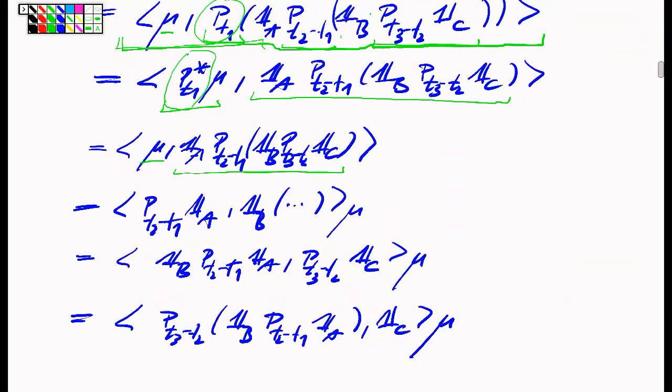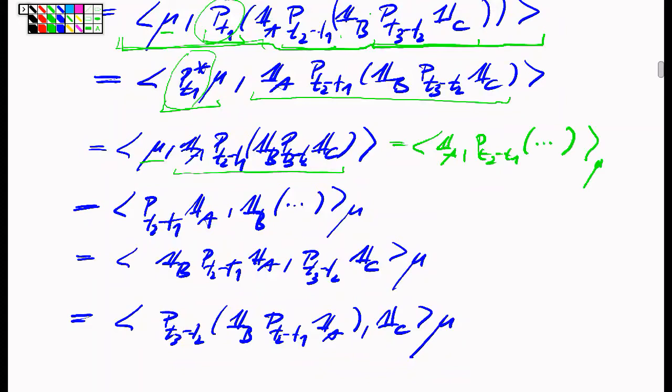And we can now pass to the representation of this bracket as the inner product of the indicator function of A with this operation of the PT2 minus T1 operator acting on the interior when considered in this weighted L2 space.